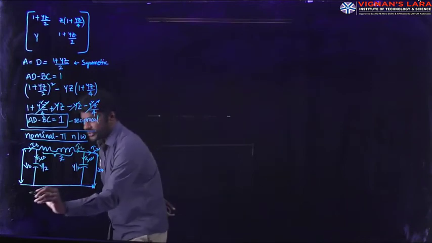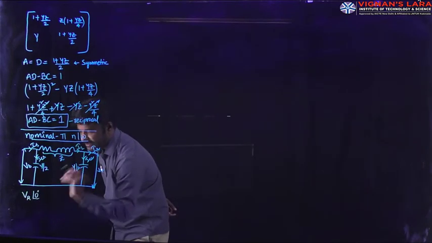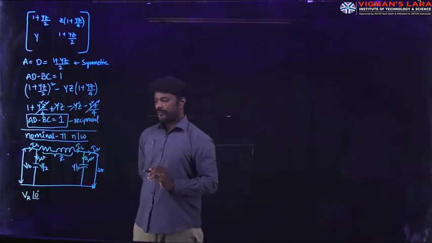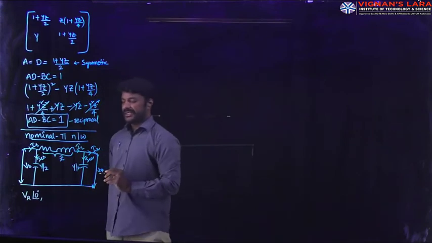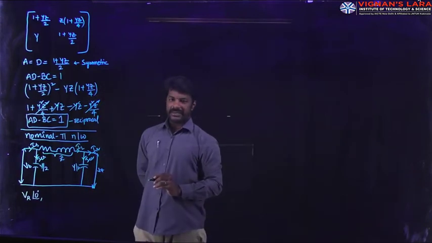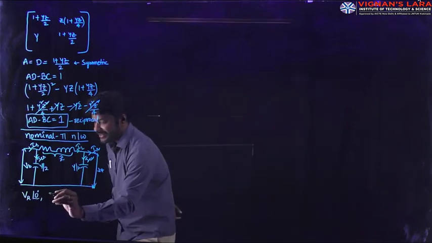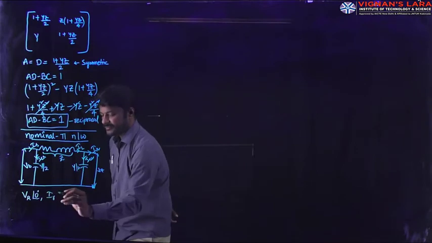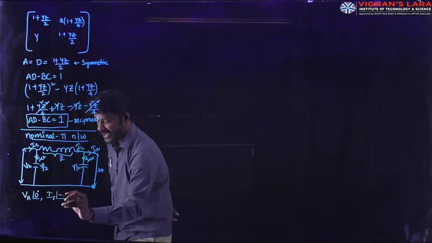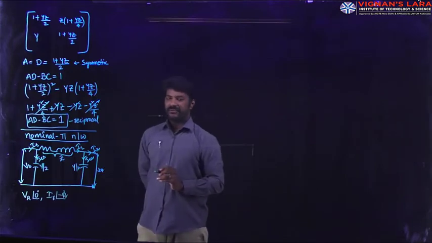So let me assume that the receiving end voltage VR is taken as reference so that it becomes VR at an angle 0. And for a given value of the receiving end power PR to be delivered by this transmission line, we can calculate the current IR, which is lagging, so I can write this as IR at an angle minus phi R.